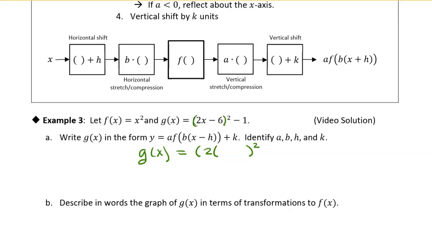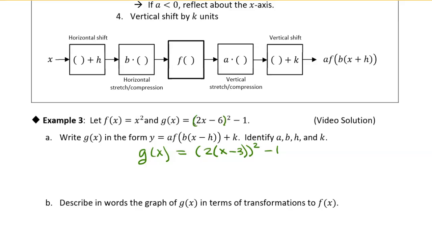So I'm just going to divide each of these terms by 2, and I get x minus 3. That's the same thing, just rewritten in a different form. And then I have the minus 1.